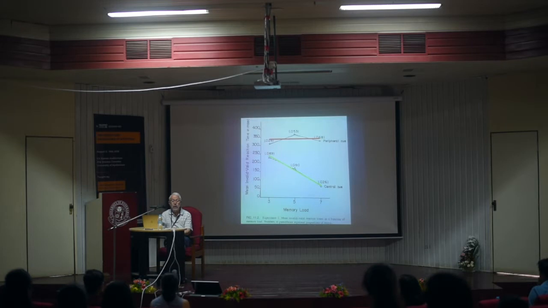But the green line, which represents the data from the central arrow condition, shows a very dramatic decline of the cueing effect as the memory load increases, as if it becomes harder and harder to use the central arrow to attend in the periphery. The more items you're holding in memory, the less you use it. So experiment 1 has a very clear finding.